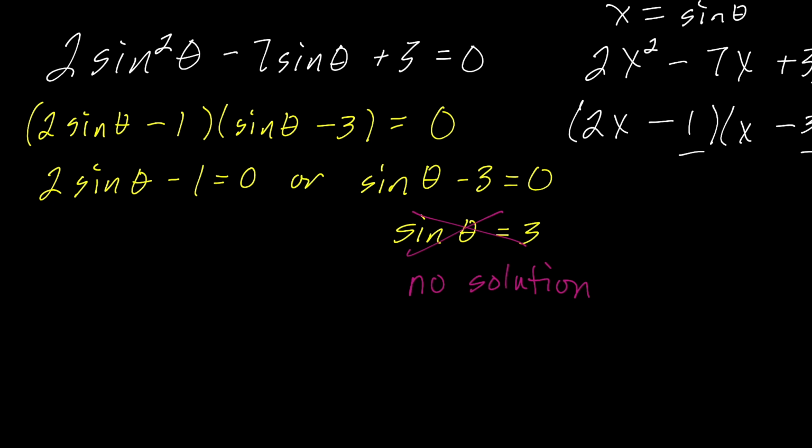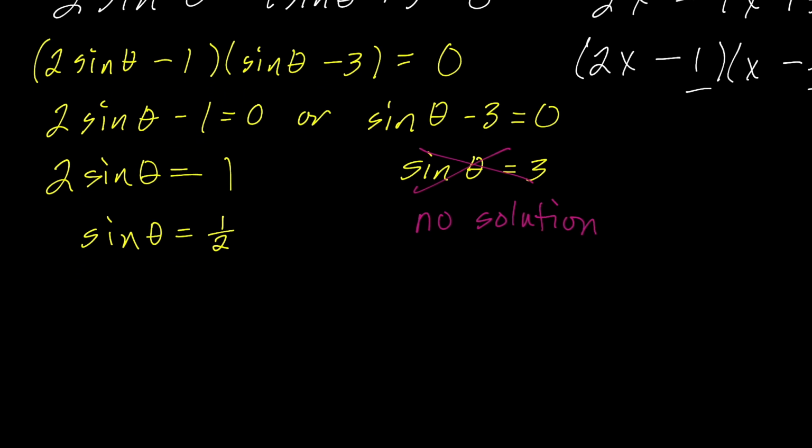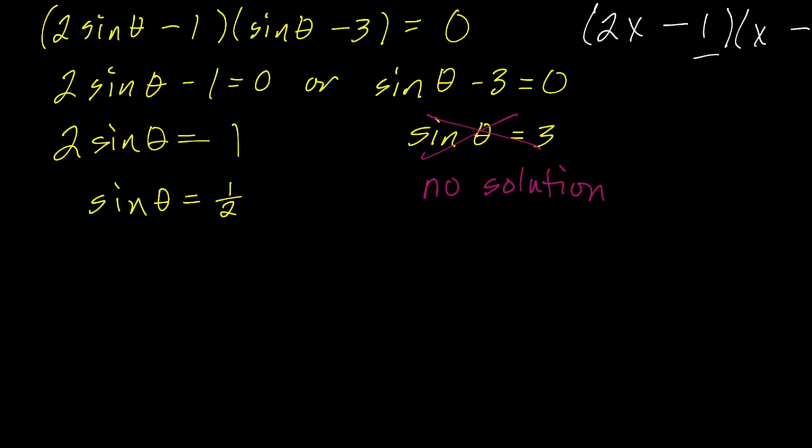So, but back over here, we have something that looks oh so familiar now. 2 sine theta equals 1. Hey, we've done this a couple times. And that's what happens when the more you do these equations, the more often you're going to see the same sort of stuff crop up again and again.